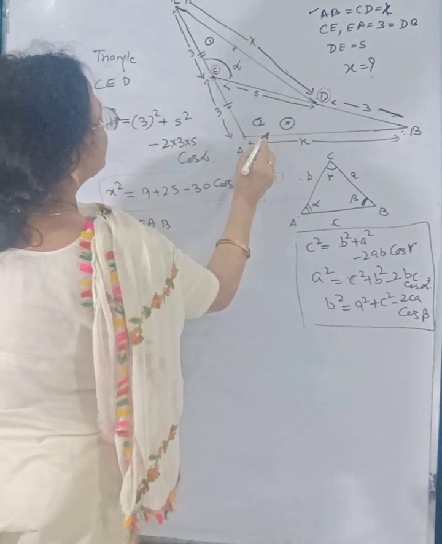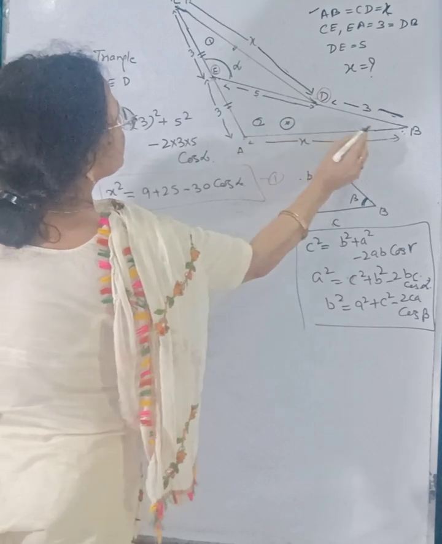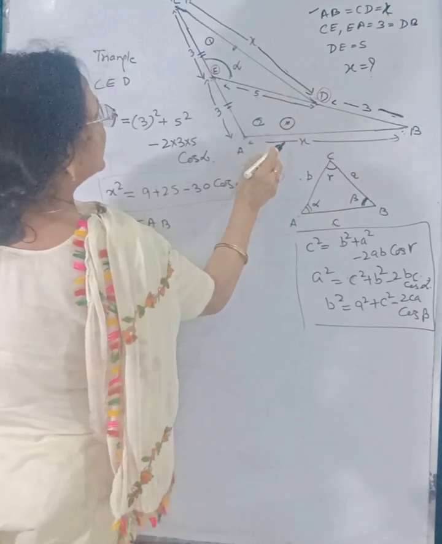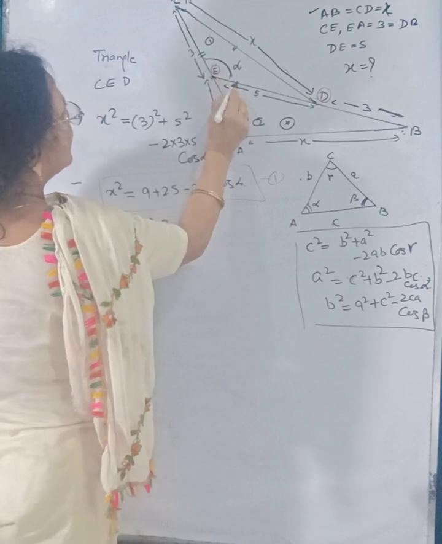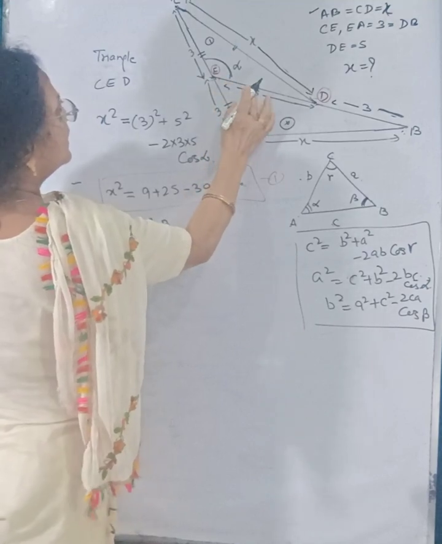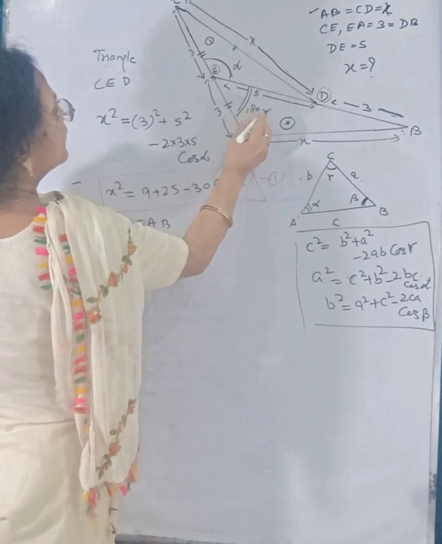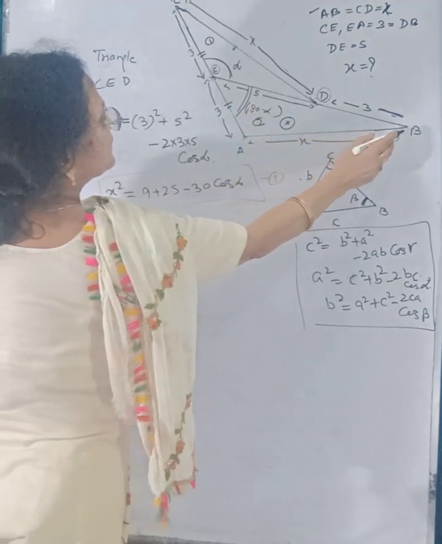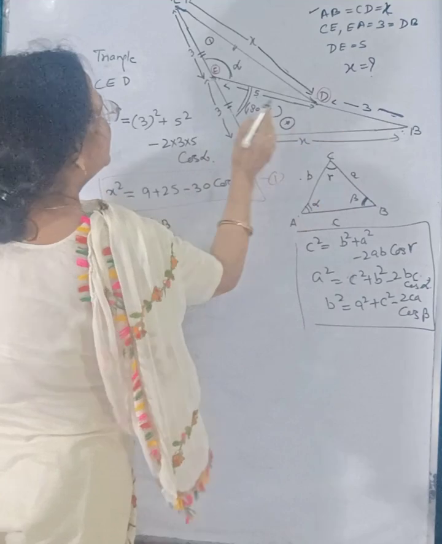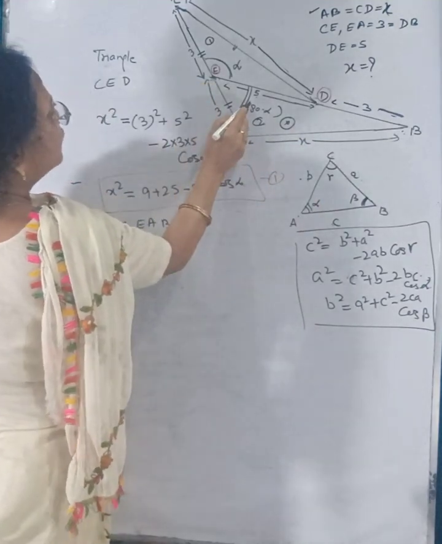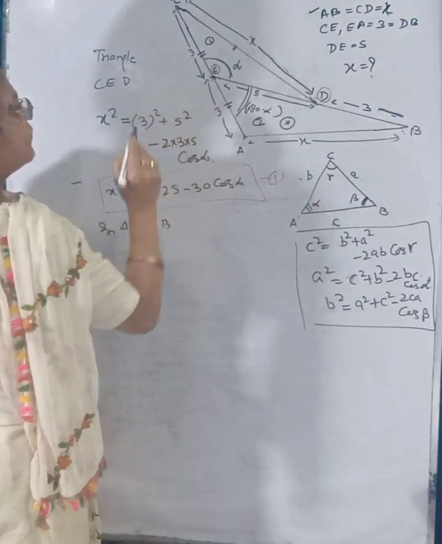This is x. This angle is alpha, so the remaining angle at point E in front of CB will be 180 minus alpha.